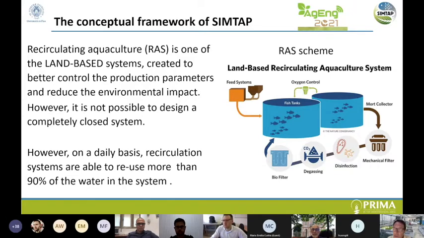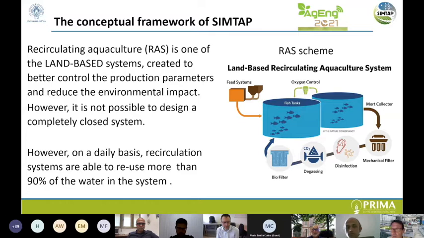The recirculating systems can recirculate on a daily basis more than 90% of the water circulating in the system itself. And this is a good result, but we have to improve this result, aiming to a better environmental concern, concerning the wastes produced within these aquaculture systems.